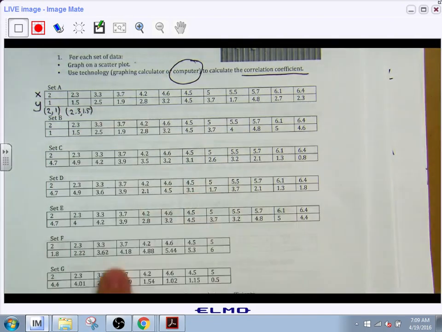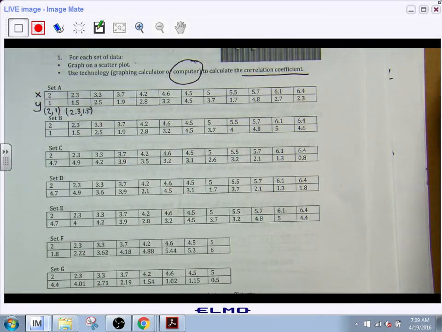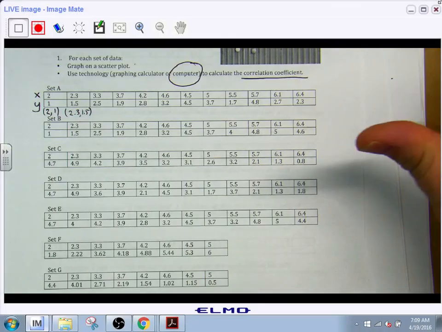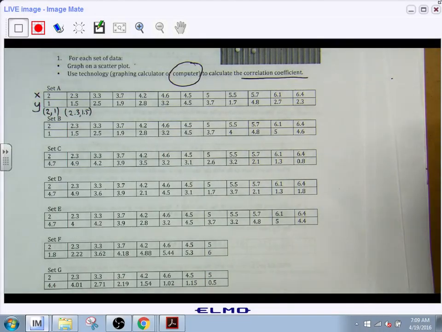So I want you to graph all of these by hand in your notebooks, and then check it with the computer program to make sure you're doing it correctly. I know it's tedious, but we have to be able to see each of these things and what they look like through our own work, and being able to create those graphs. I also want you guys to predict what the correlation coefficients might be. I think you'll be able to do that by the time we're done with this today.